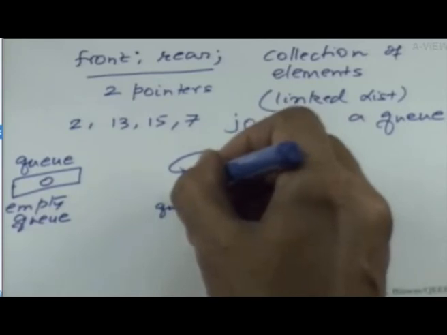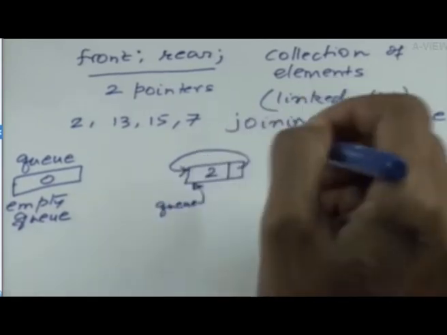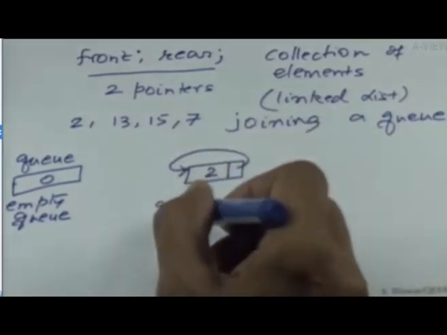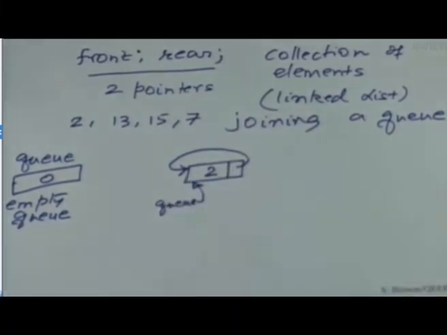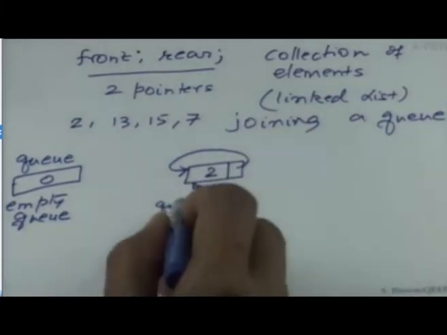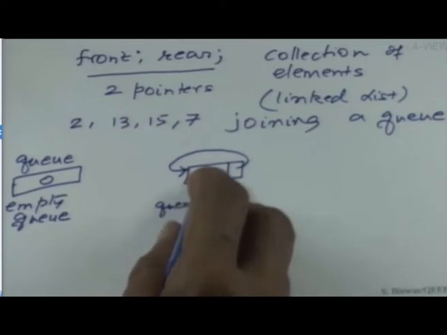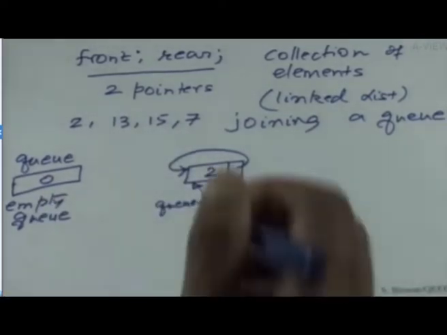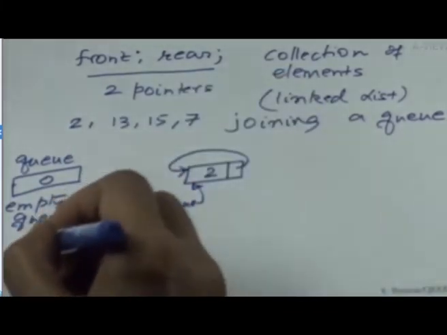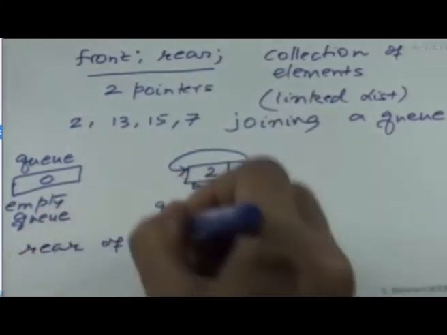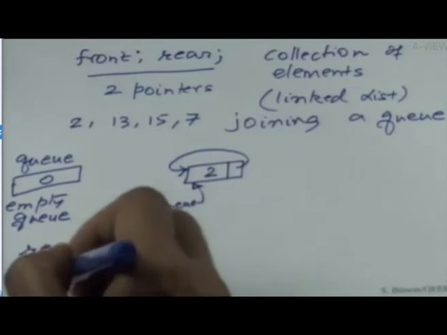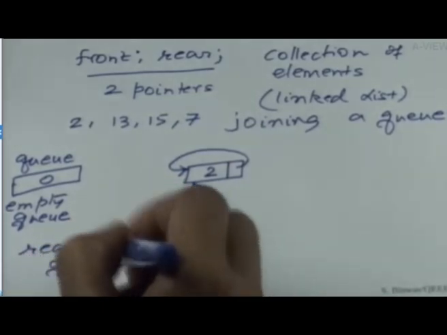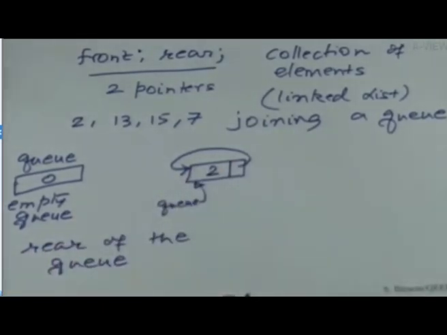I note down the address of 2 and put it in Q. So this is 1000, let 1000 be in Q. So to reach the queue, I take the address, go to the element, and I get to the rear end of it. I'll talk about that later. So basically I'm keeping only the rear pointer of the queue with me, and I have disposed of the front. I don't want to know who is at the front of the queue. I just want to know who is at the last element of the queue.